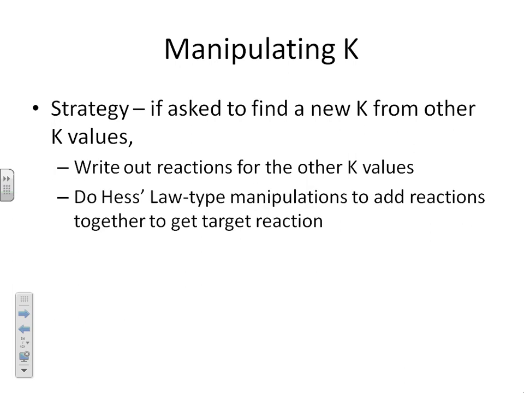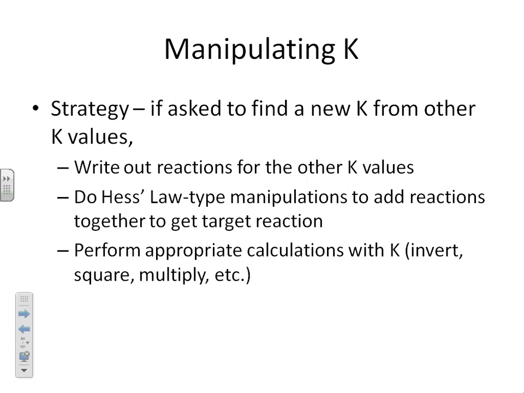And then the next thing to do is your Hess's law type manipulations to add the reactions together to get the target reaction. Essentially determine what you need to do to these other reactions, these Ksp, Ka, Kb reactions, so that you can add them together to get your target reaction, and then perform the appropriate calculations with K. Meaning if you had to flip one of your reactions around, you want to invert your K value.